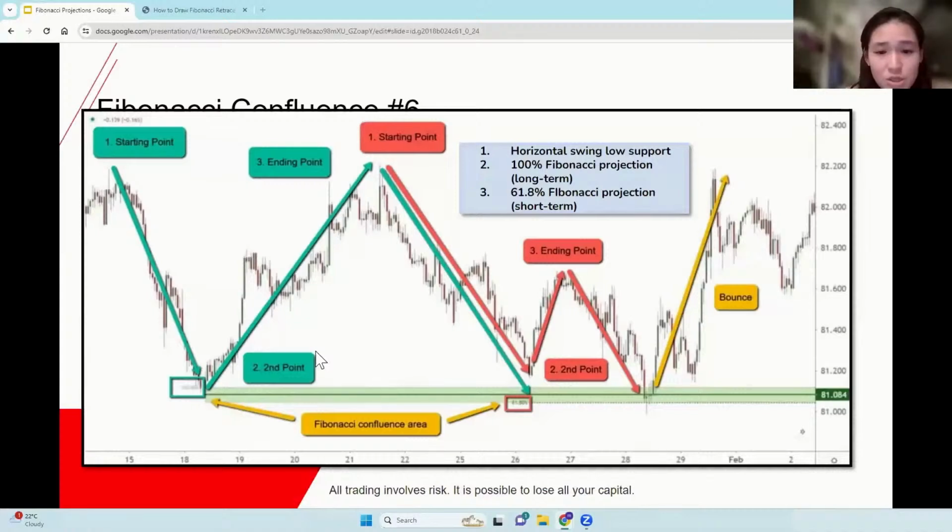That makes a strong confluence area over here where price bounced off at 81.084. You can see price bounced off after this 61.8% Fibonacci projection lined up with another Fibonacci projection.